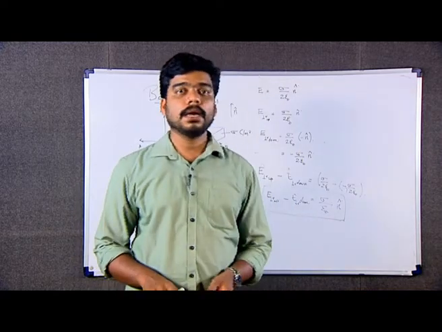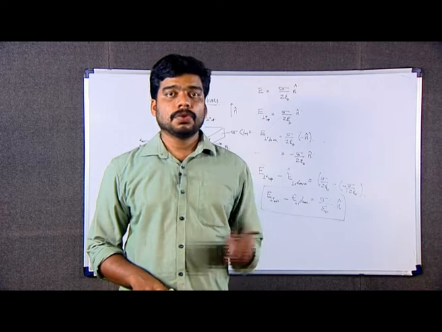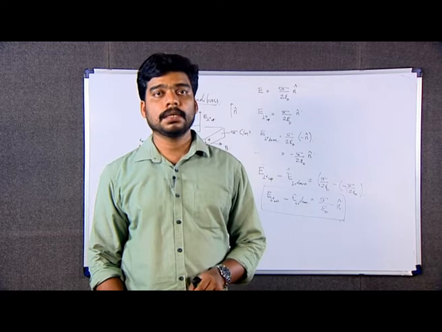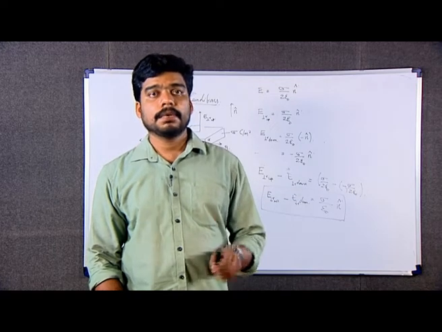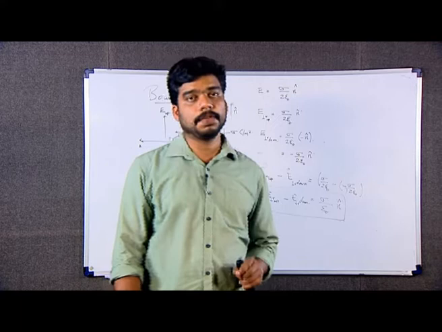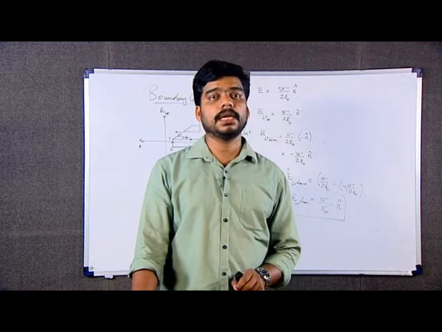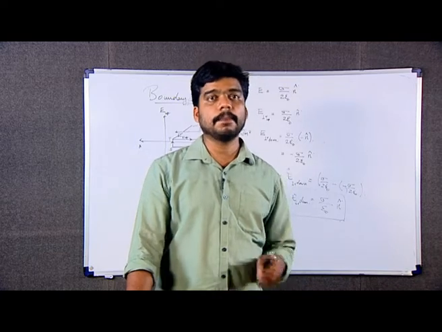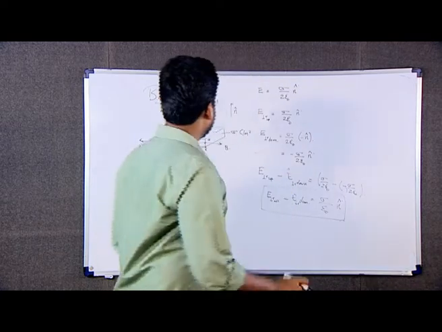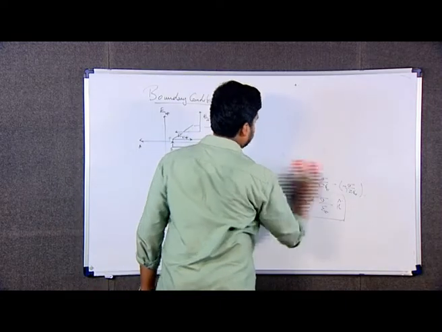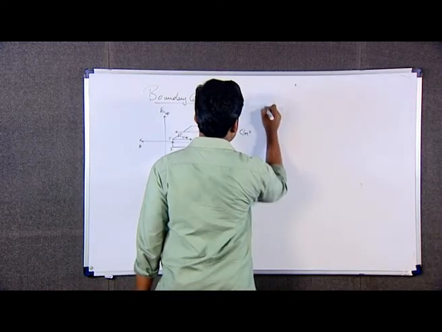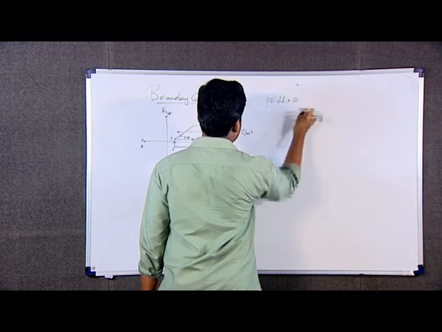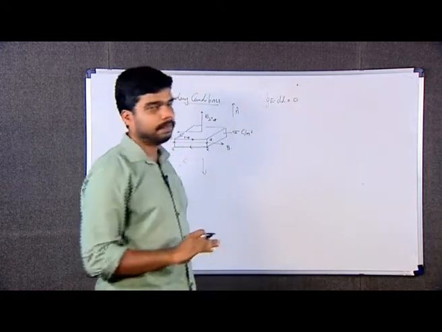And what about the parallel component? To determine the parallel component, we know that the electric field is a conservative force field. We are using this idea to obtain the boundary condition for the parallel component of E. And we know that the closed integral E dot dl is equal to 0 for a conservative force field.